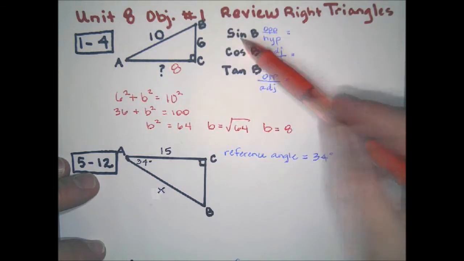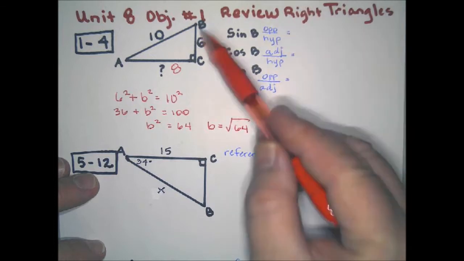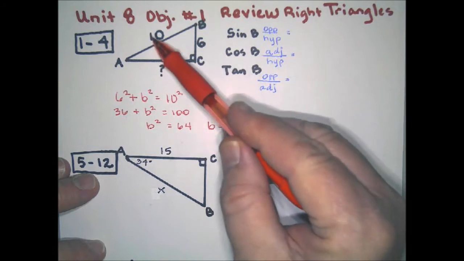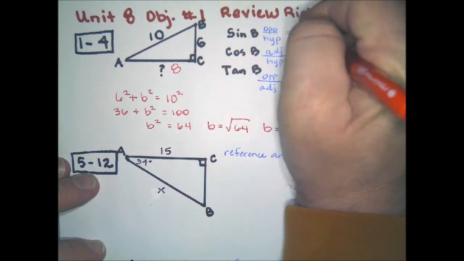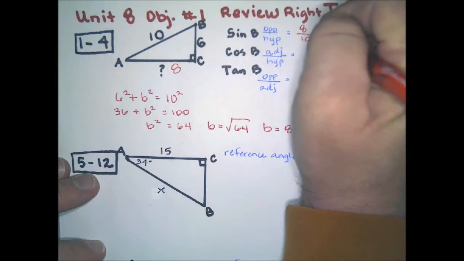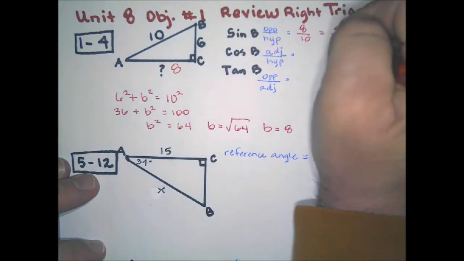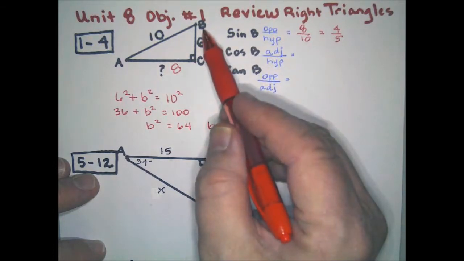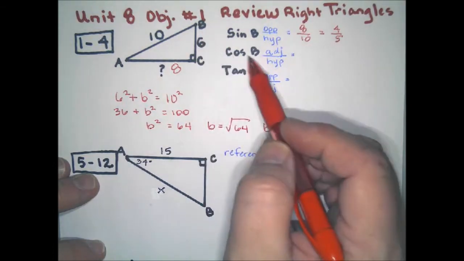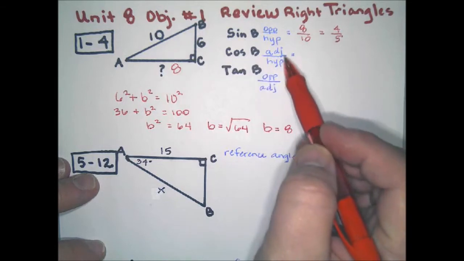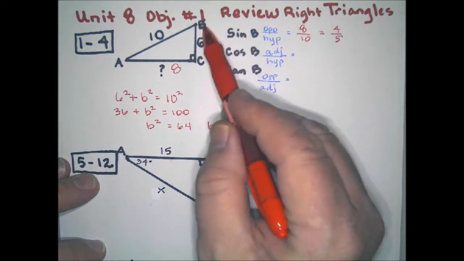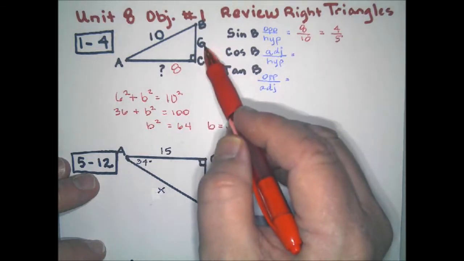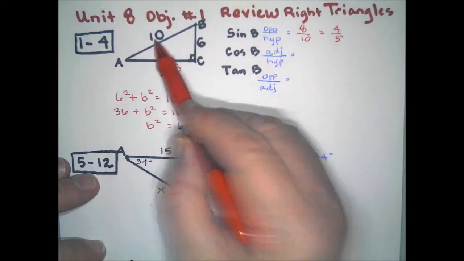The sine function is opposite over hypotenuse. So from reference angle B, the opposite is 8. The hypotenuse of the triangle is 10. So we'd have 8 over 10, and we're going to reduce that down to 4 over 5. We're still at angle B as our reference angle, but this time we're looking for cosine. Cosine is adjacent over hypotenuse. The side that's adjacent to angle B is the 6, and the hypotenuse is again 10.